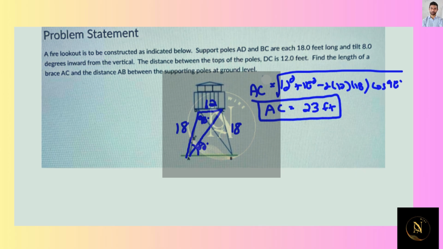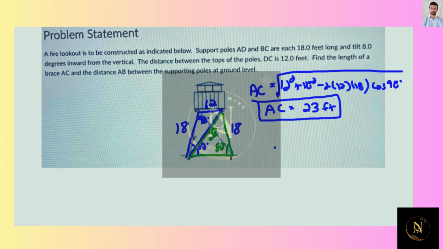Then if I highlight this in green, this triangle here, then we have this angle, which would also be 82 degrees. And we just found this to be 23, because that would be AC. And we could use the law of sines in this case.